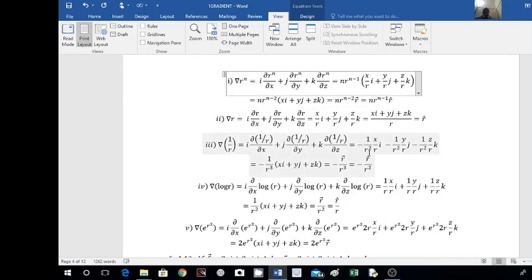Minus 1 by r square into dou r by dou x, and dou r by dou x is x by r. Plus j into the derivative of 1 by r, minus 1 by r square into dou r by dou y, which is y by r. Plus k into the derivative of 1 by r, minus 1 by r square into dou r by dou z, which is z by r.